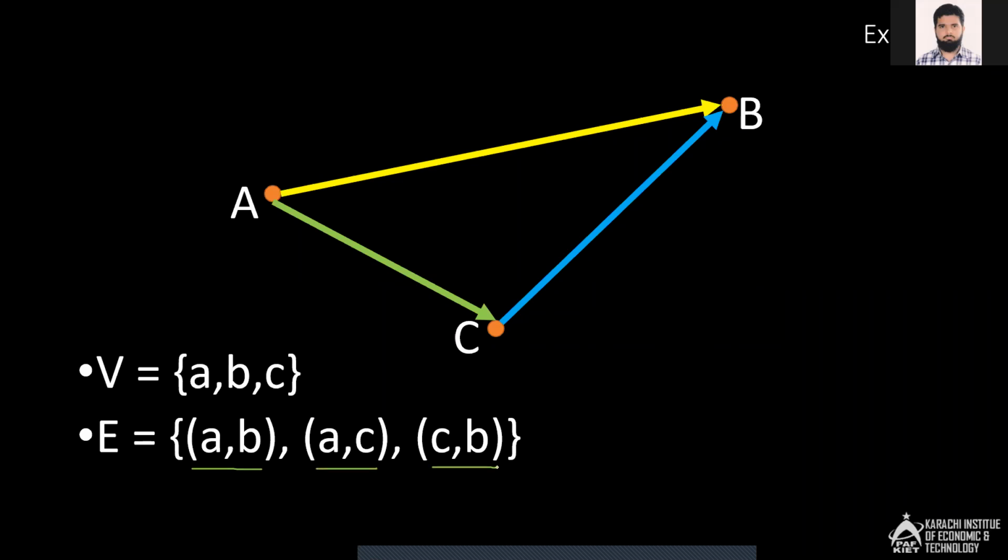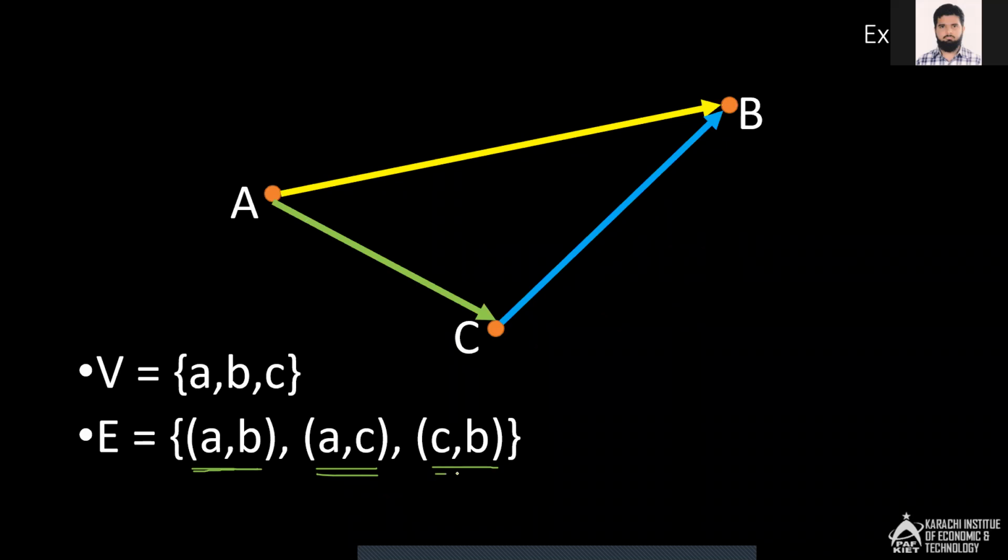We can clearly see from the diagram that A is connected to B through this yellow arrow, and we have an ordered pair going from A to B. Then we have an arrow going from A to C, which is why we have the ordered pair A to C included in our set of edges. And then we have an arrow going from C to B.